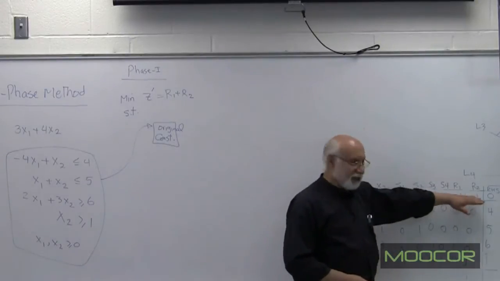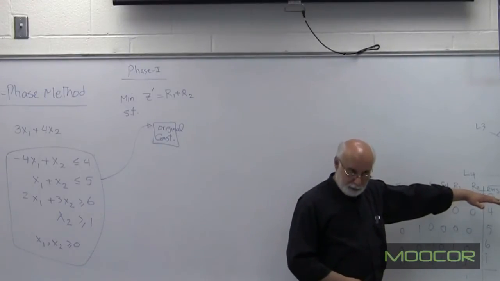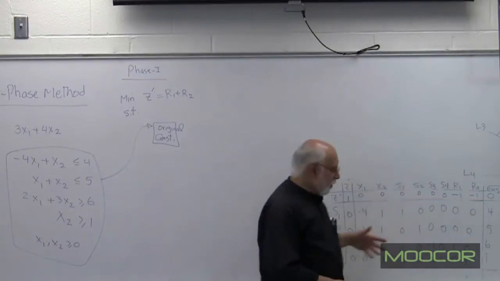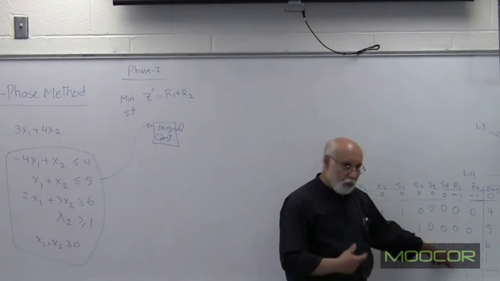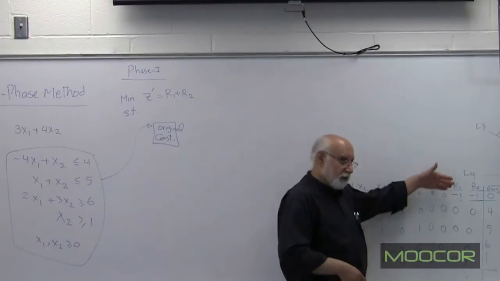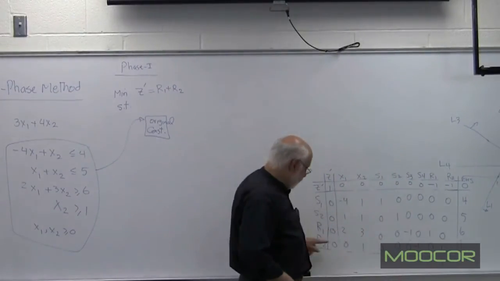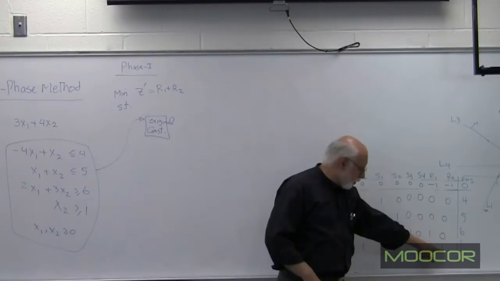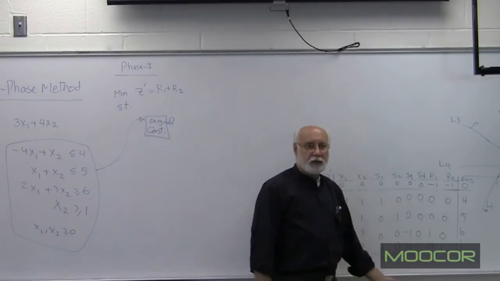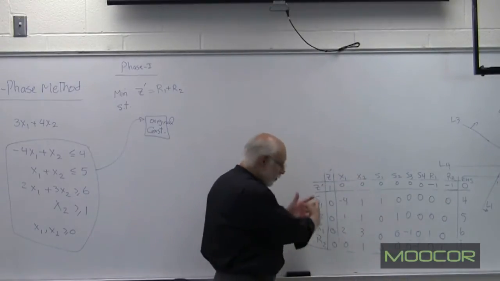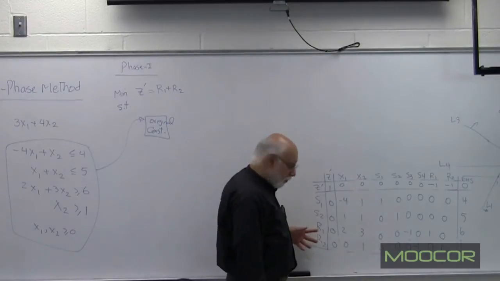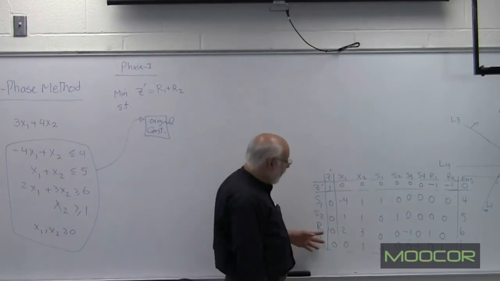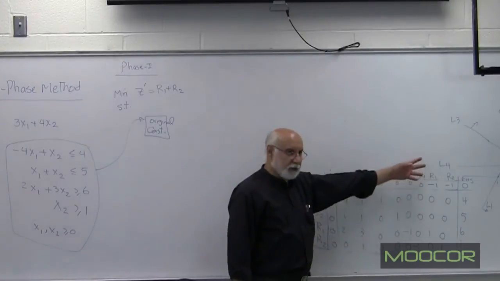We will try to get rid of those by multiplying this row by 1 and adding it up there, and this row by 1 and adding it up there. Together we can do the same thing. We will multiply this and add it up there.